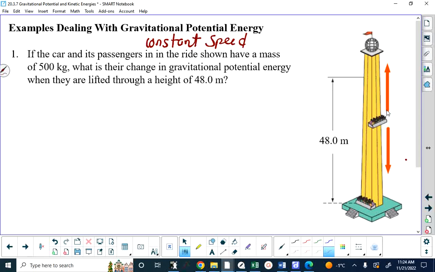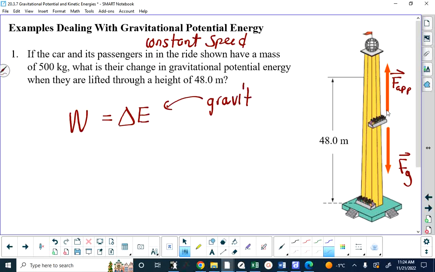So this is the force due to gravity. This is the applied force. Work done is the change in energy of the car, which in this case is gravitational potential energy.